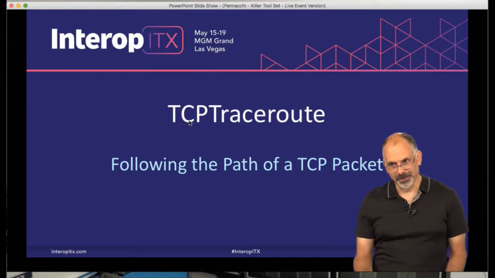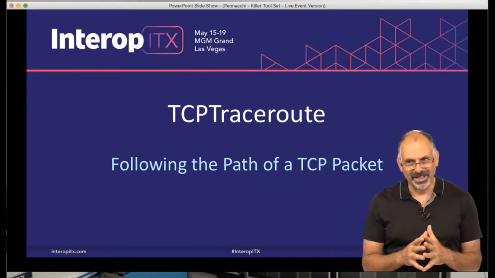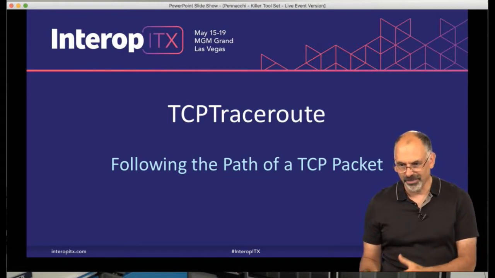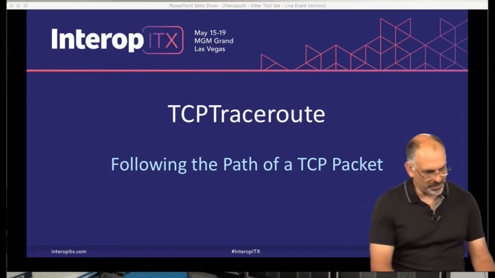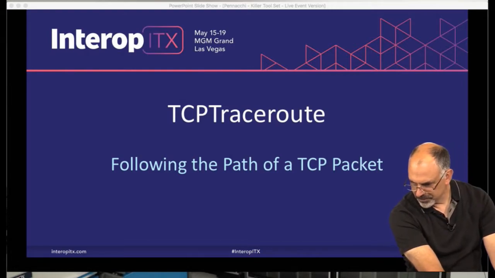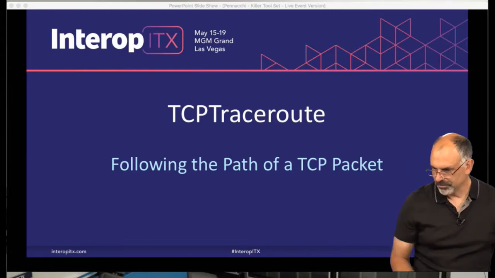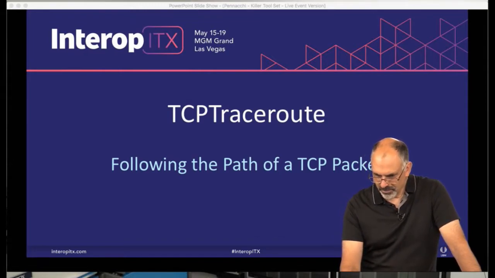TCP traceroute. This is a case where we're following the path of a TCP frame through the network. So I'm going to come over and I just want to make sure I've got something set up here. Let's see.